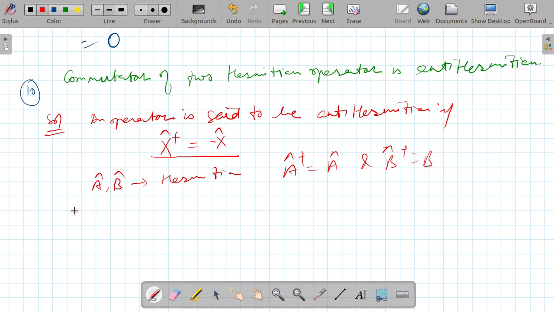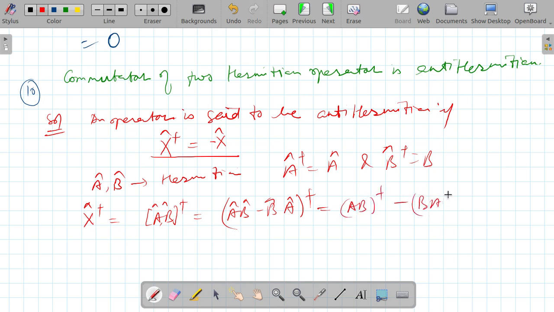So now let us consider x dagger such that it is (ab minus ba) dagger, which is (ab) dagger minus (ba) dagger.